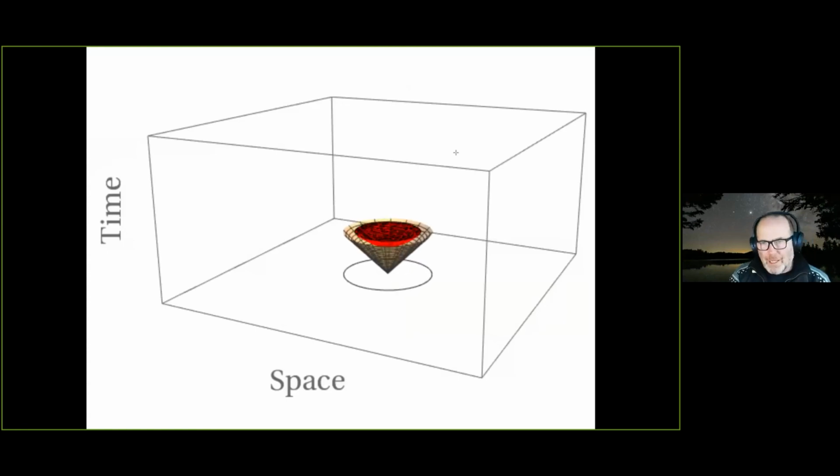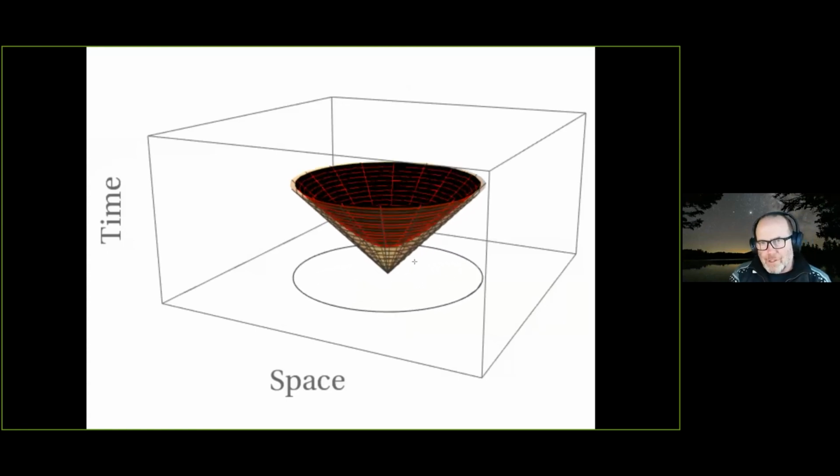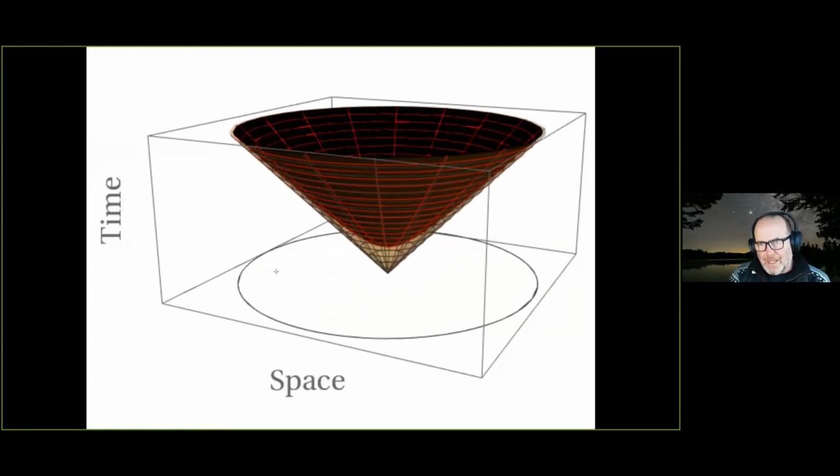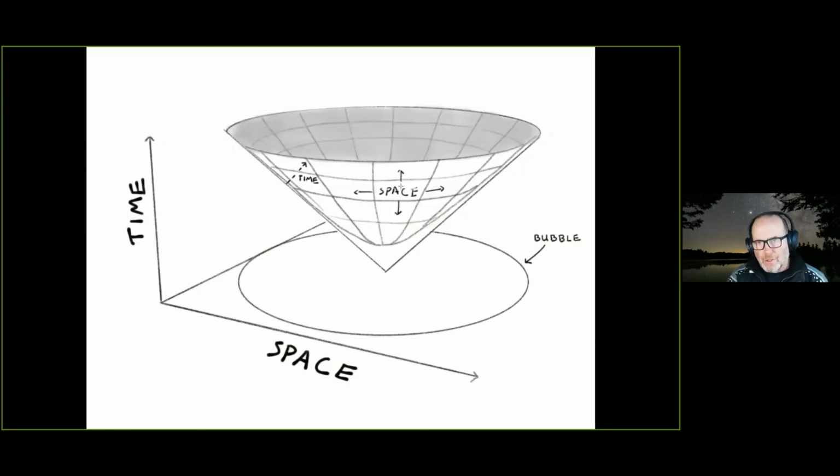And in particular, inside each bubble, although it appears as a finite spherical region, a little bubble that's expanding at the speed of light from the outside, to an observer inside of it, it actually looks like an infinite universe, because we can take the interior of the bubble, borrow some of the time and turn it into space and actually foliate, so that now we have spatial surfaces that are parallel to the light cone of the bubble, right?